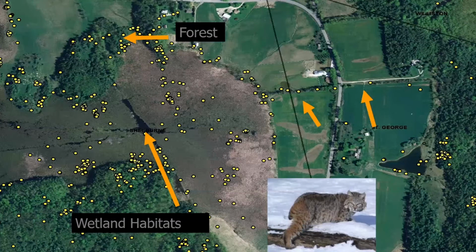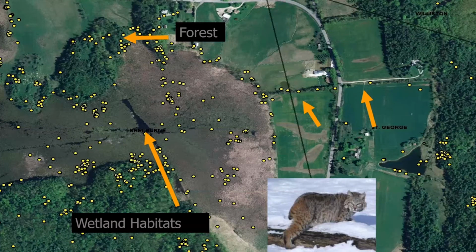But you may have noticed this cool area here, this string of points where a bobcat crossed from this wetland and forest habitat area across, this is Route 116, over into this other large forest habitat block. So that's really exciting because just having this connecting feature of a hedgerow was enough to really enhance the function of this landscape.